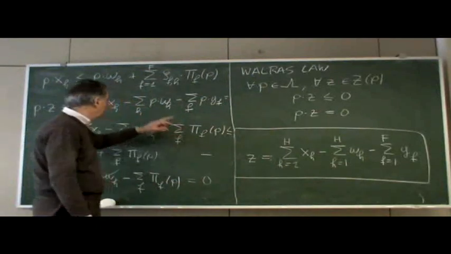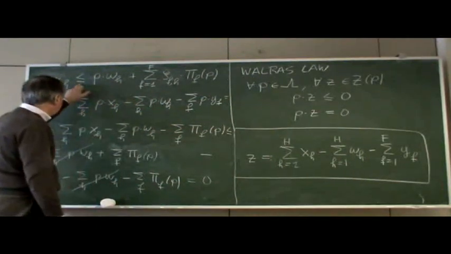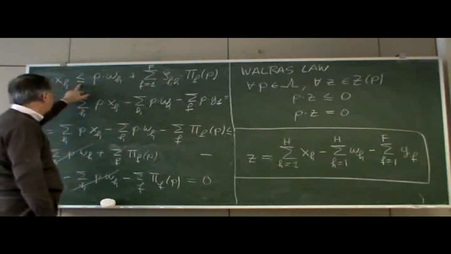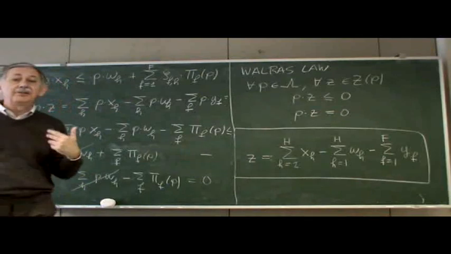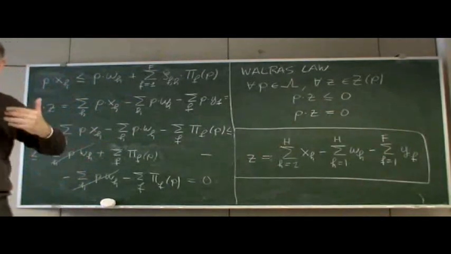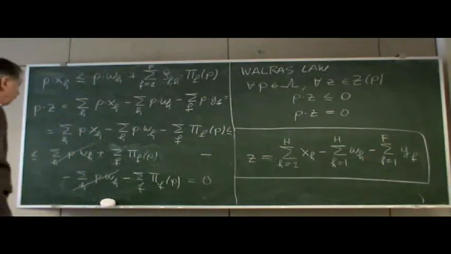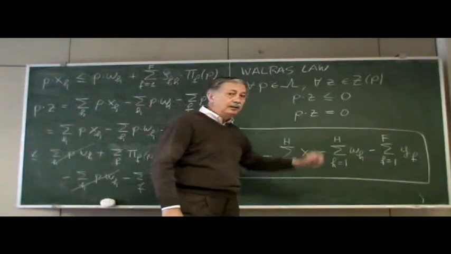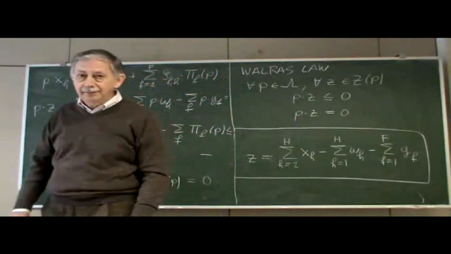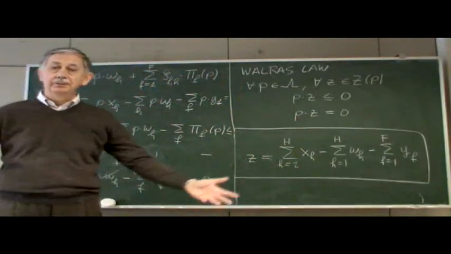And since when preferences are monotone or locally non-saturated, each of these inequalities is in reality verified as an equality, you obtain here an equality, and therefore the total value of excess of demand of the goods is 0.